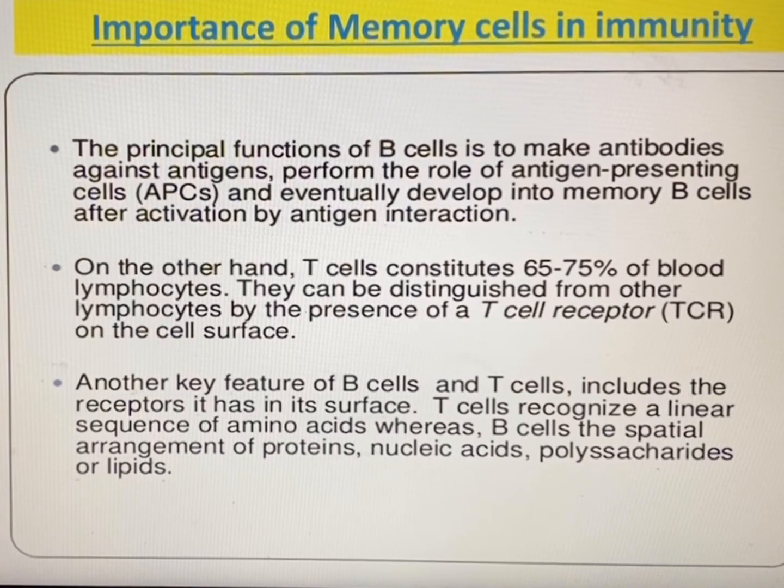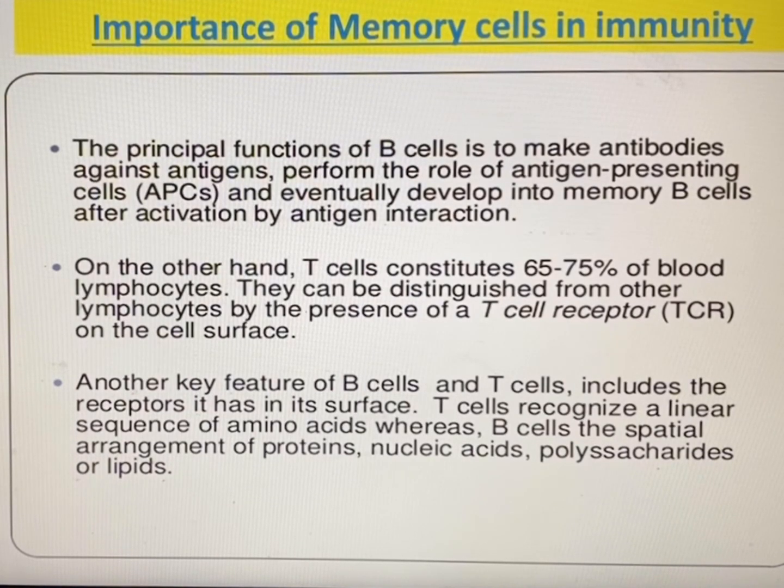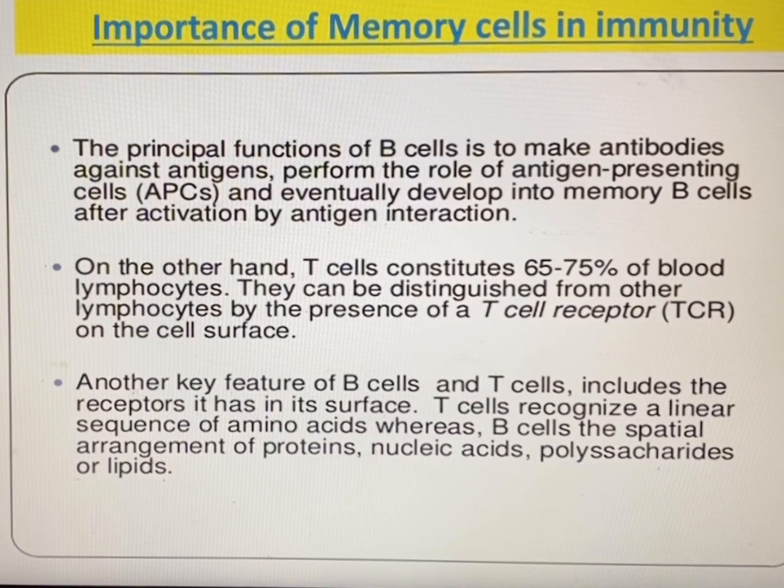So the principal functions of B cells are to make antibodies against the antigens, perform the role of antigen presenting cells or APCs, and eventually develop into memory cells after activation by antigen interaction. On the other hand, T cells constitute 60 to 75% of blood lymphocytes.